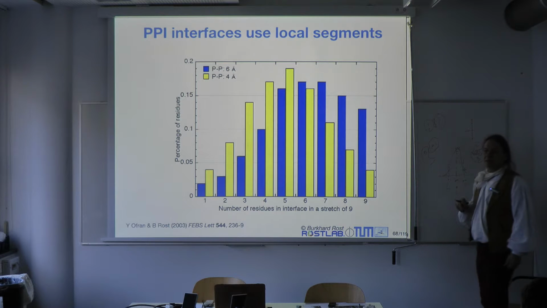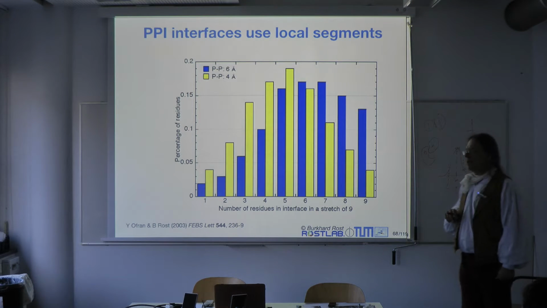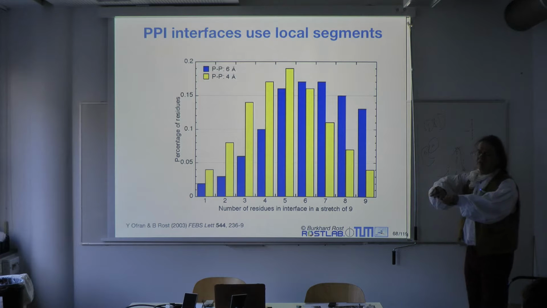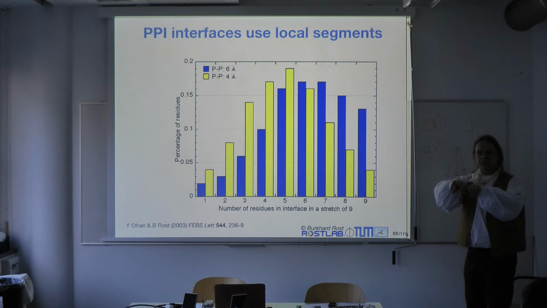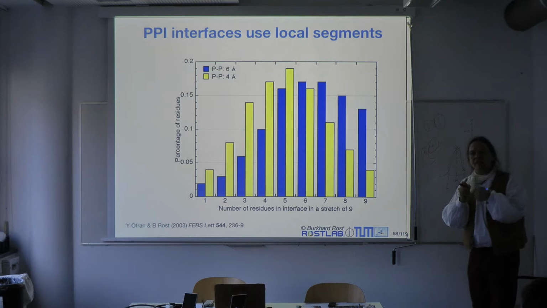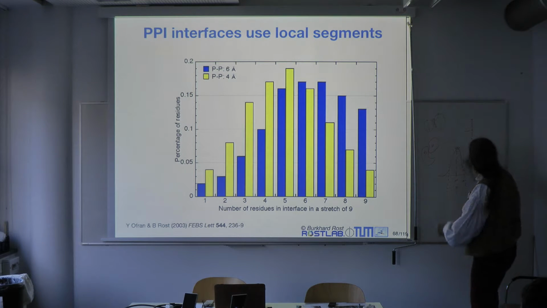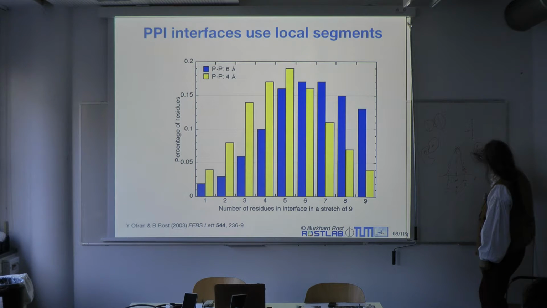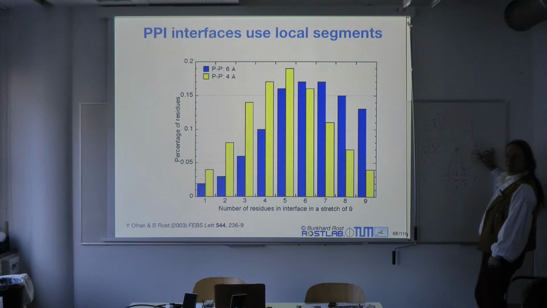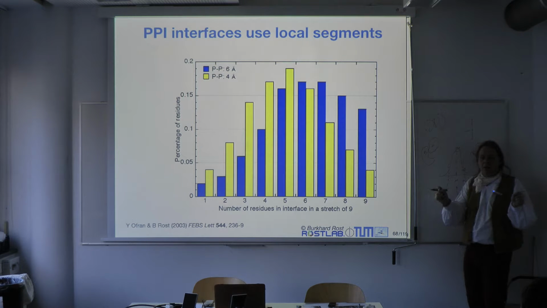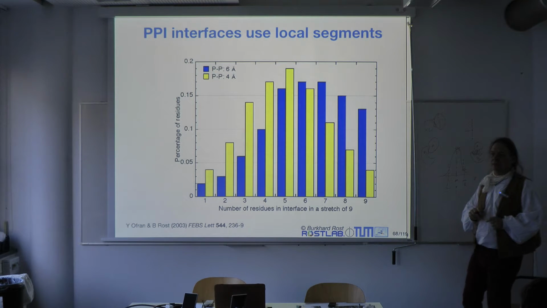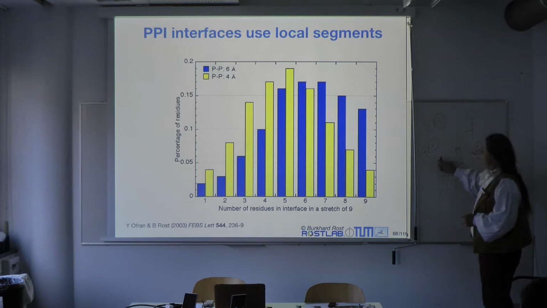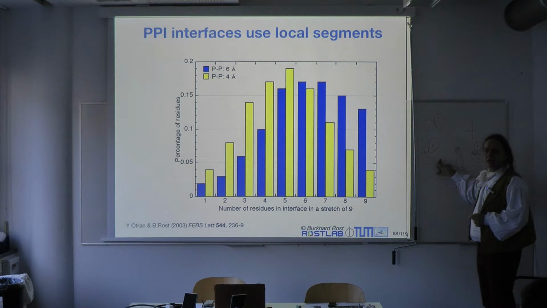So what I mean by the difference between these two doodles is that in this one here, I have a relatively long local stretch that contacts, while here, the number of interface residues is identical, but I create them by sort of bulges, by strong bulges, right? So, meaning that the one involved in an interaction here may only be one. And these two here are very far away from each other. So in a local stretch of 9, I would not see that these two interact. Okay? So which of these two is more likely going to describe a protein interaction?